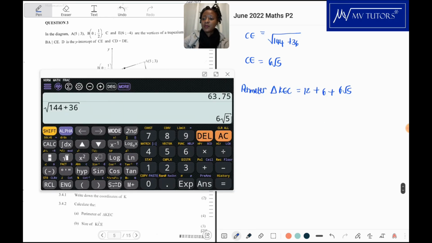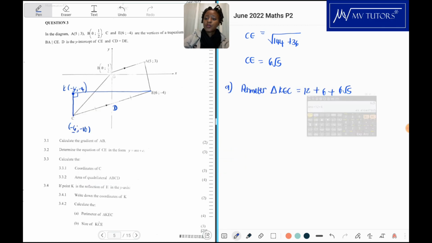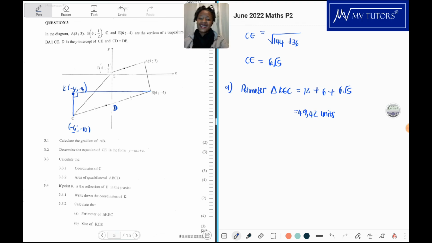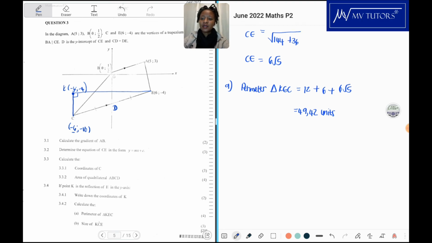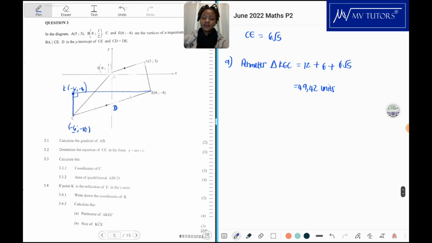So that would be 6 root 5 plus 12 plus 6, and that is basically the answer in units. Okay, this is not an area, so you're not squaring anything. And yeah, so that's the perimeter in units.